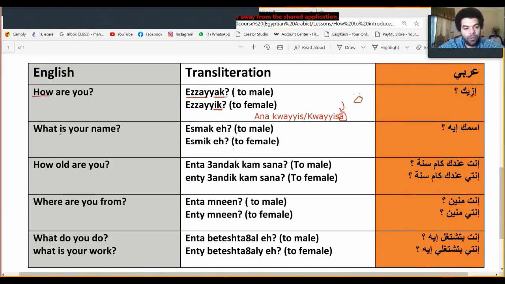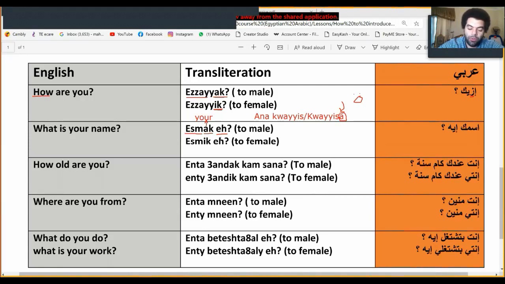Now the next question, what is your name? Let's see. اسمك إيه? So here we learned something new and we saw something old. The word ism means name from the very beginning, remember? And then ek. This ek means your. And you're speaking to a male, okay? There. So ismak eh. And the word eh means what, okay?